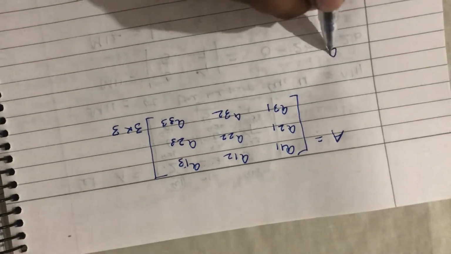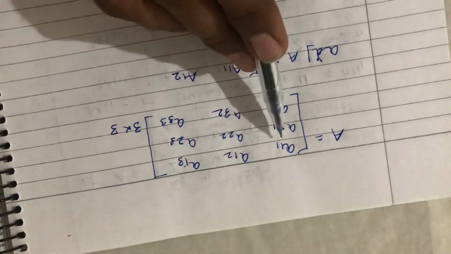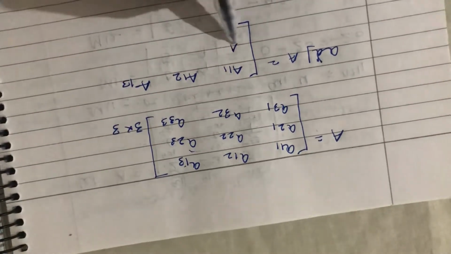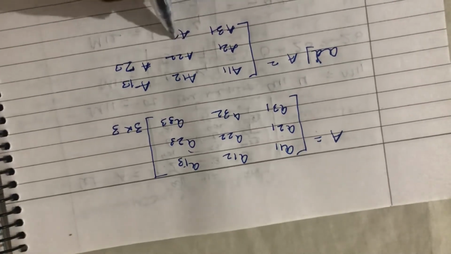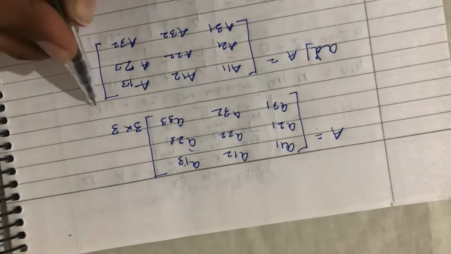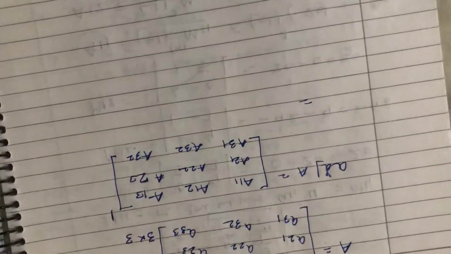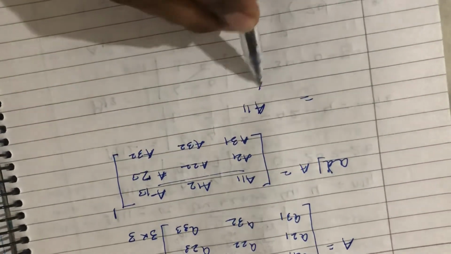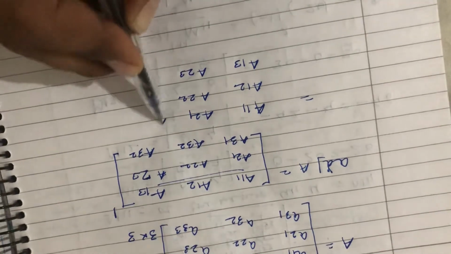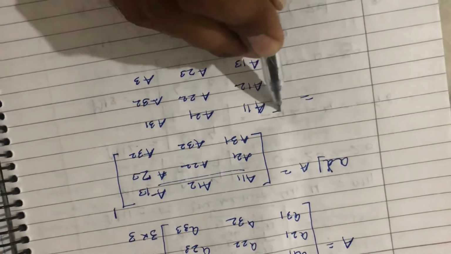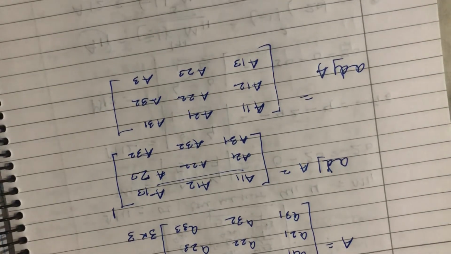We want to find out the adjoint of A. First we write the cofactors, then take the transpose of the given element matrix. After adjoint, rows become columns: A11, A21, A31, and so on. This is the adjoint of the given matrix A. Clear?